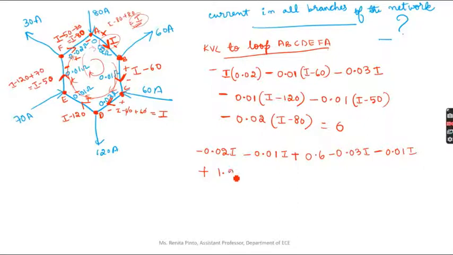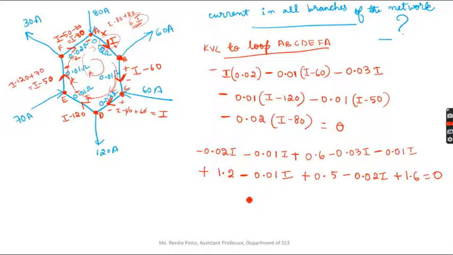So plus 1.2. Minus 0.01 into I, again minus into minus is plus, 50 into 0.01 will give you 0.5. So 0.5, minus 0.02 into I, again minus into minus plus, so 0.02 into 80 will give you 1.6, equal to 0.